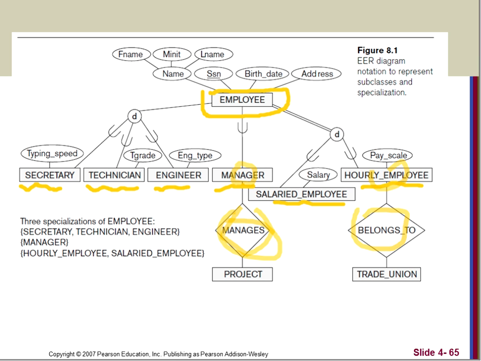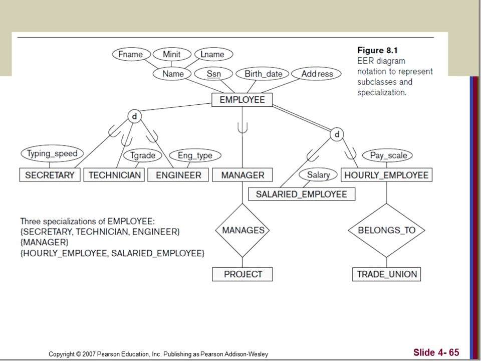So then, let me clear. Then, how many super and subclass relationships are here in this EER diagram? How many super and subclasses? It is 1, 2, 3. Answer is 3.